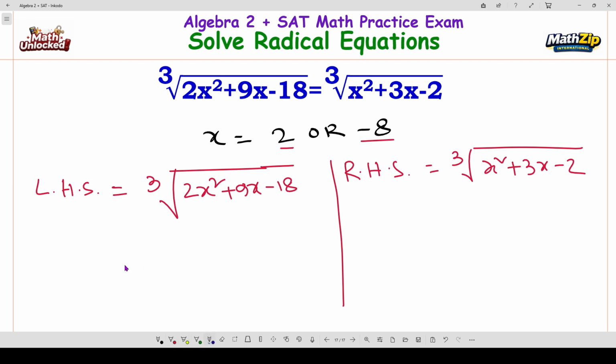Now we will put the value of x, right? So first we put 2. So here is the cubic root of 2 times 2² plus 9 times 2 minus 18, right? So what will be the value?